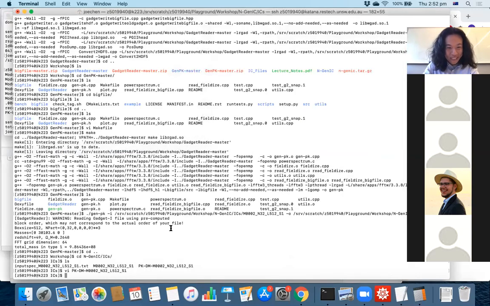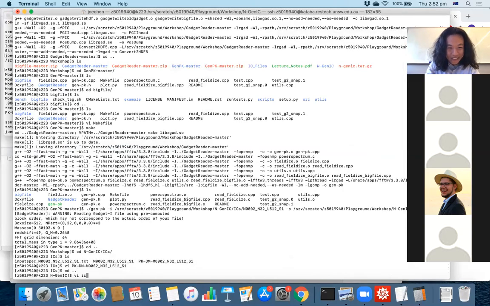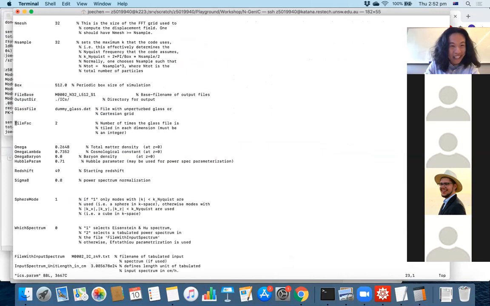So how about making a slightly larger simulation? 64 cubed particles.